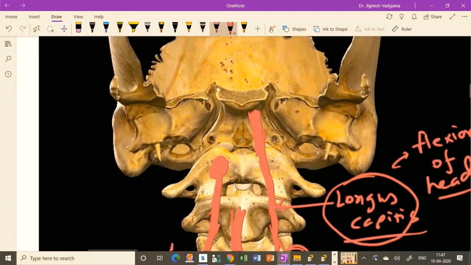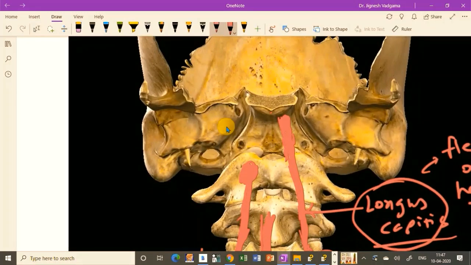Now two more muscles are there, and these muscles are rectus capitis anterior and rectus capitis lateralis. So the rectus capitis anterior muscle is going to arise from the anterior mass of the atlas as well as the root of the transverse process of the atlas, and this muscle passes upward and medially and is going to insert just in front of the occipital condyle.